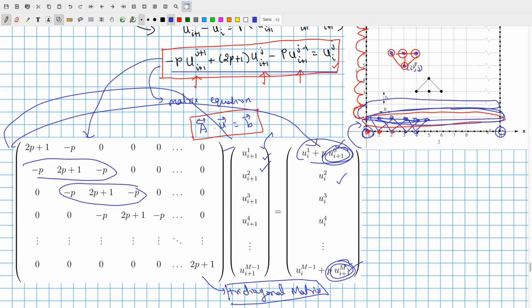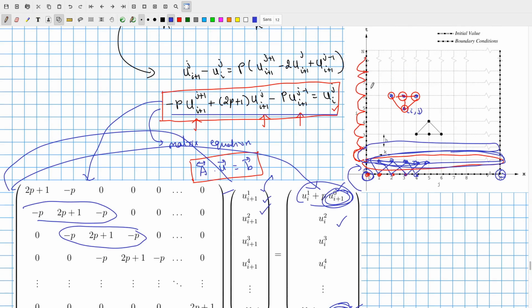You have to keep on iterating till you obtain the u at certain x comma tf, for which you need to know the function at the time tf. And this is how an initial value problem is solved using the implicit method.